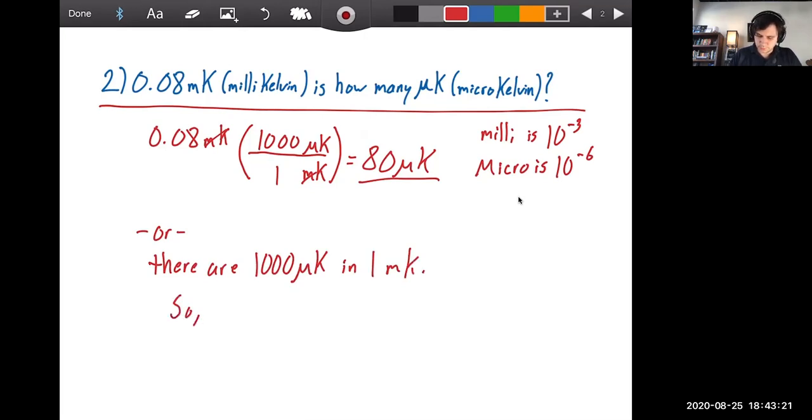So if I have 0.08 millikelvin, and I know there's 1,000 of those, to go to microkelvin, 0.08 times 1,000 equals 80 microkelvin.